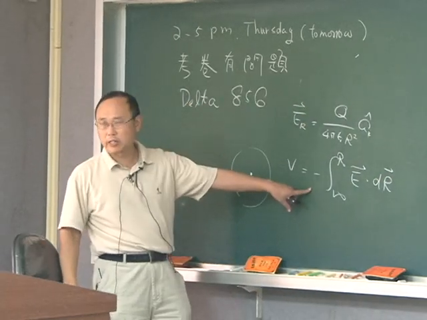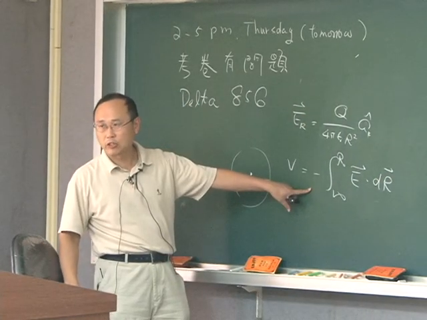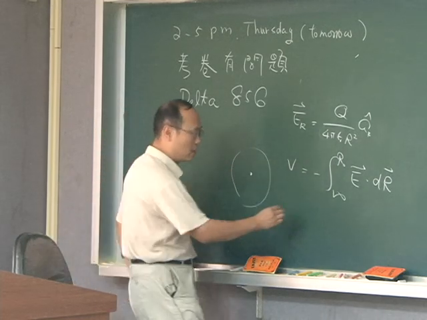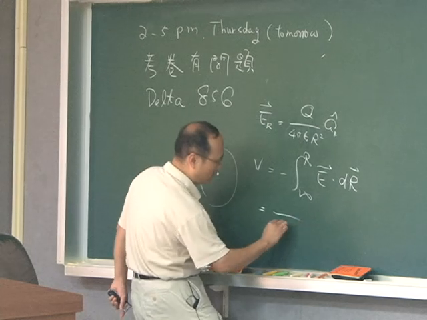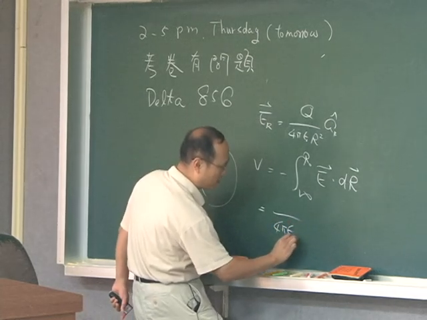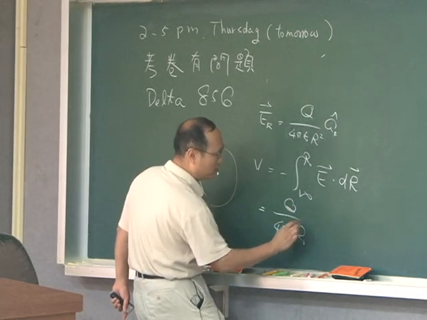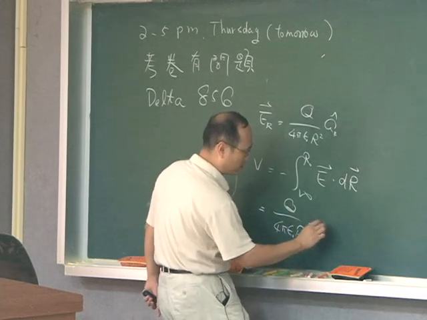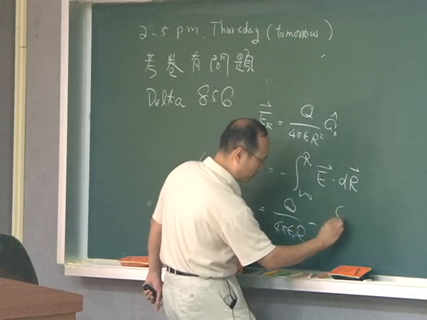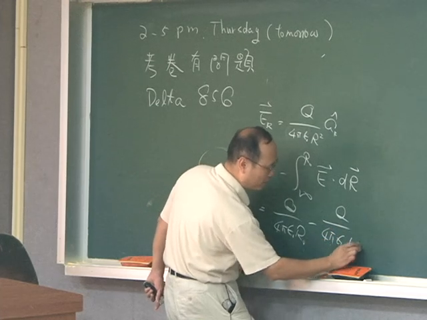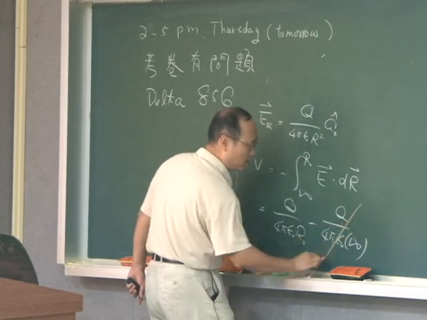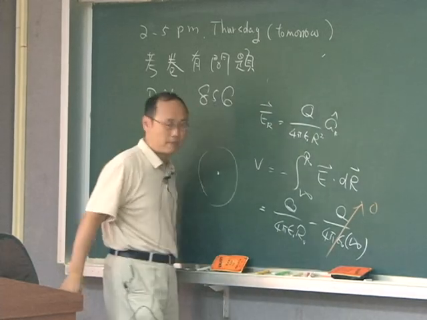With this calculation, nothing is going to diverge, okay? Because you basically are going to have Q over 4 pi epsilon naught R0 minus Q over 4 pi epsilon naught infinity.